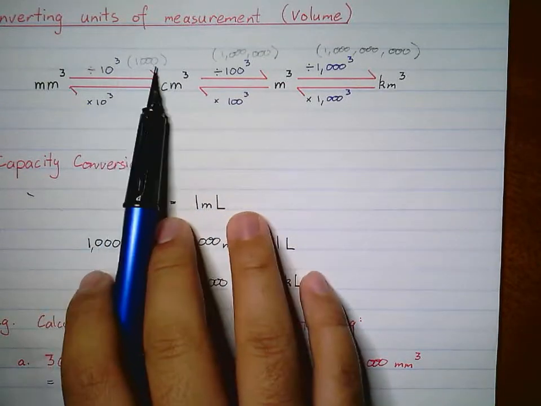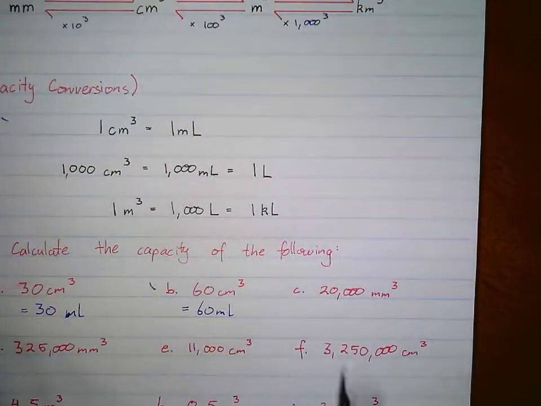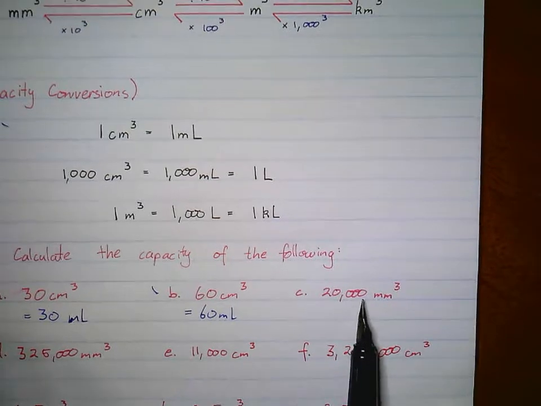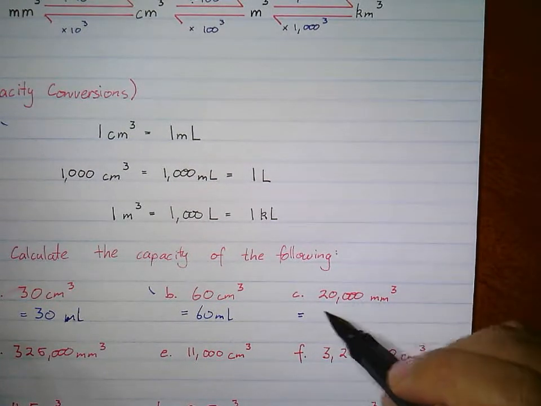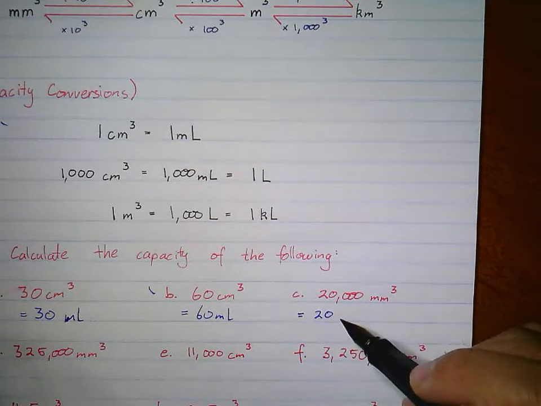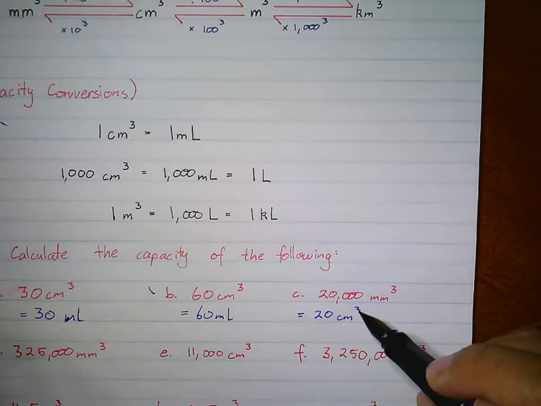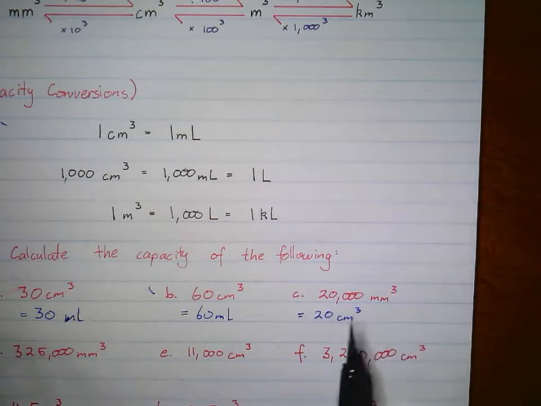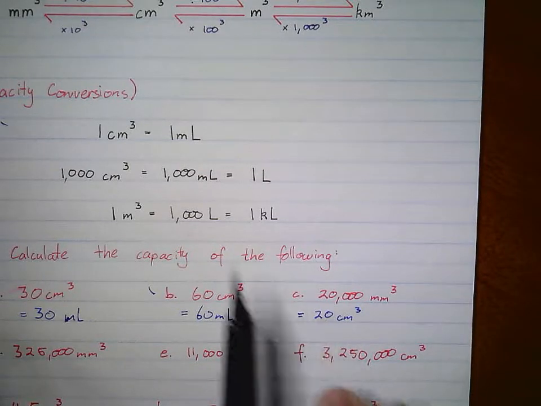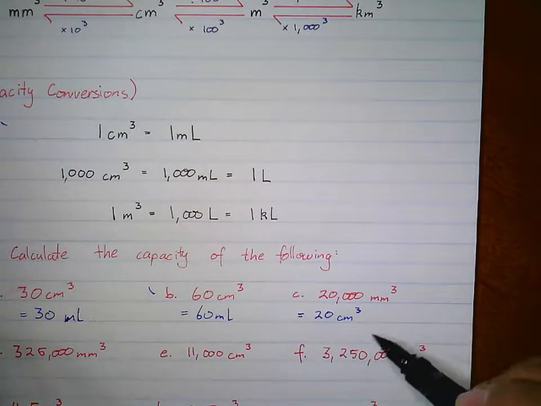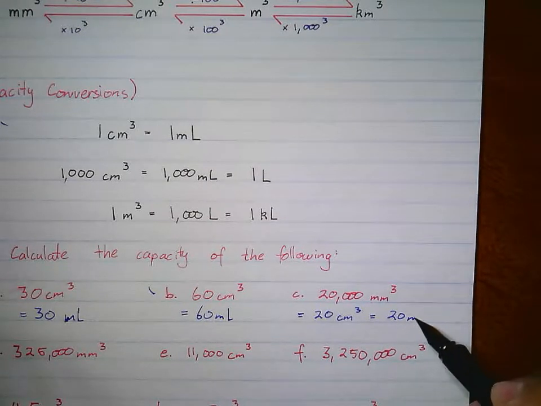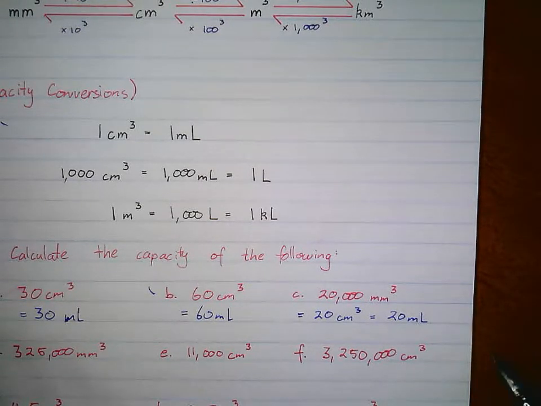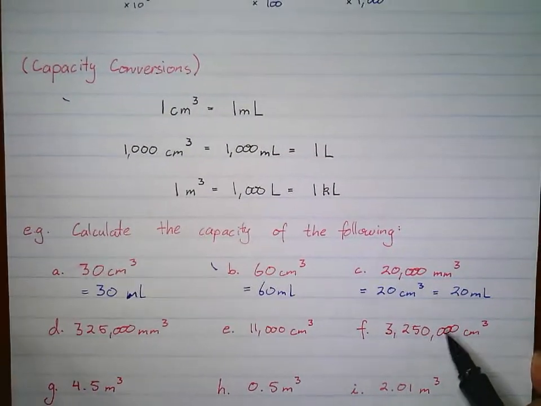We need to divide by 1,000. So 20,000 divided by 1,000 is actually 20 centimeter cubed. And now that we have 20 centimeter cubed, we can convert it to milliliters. That is 20 milliliters.